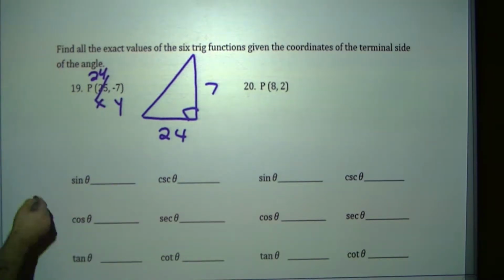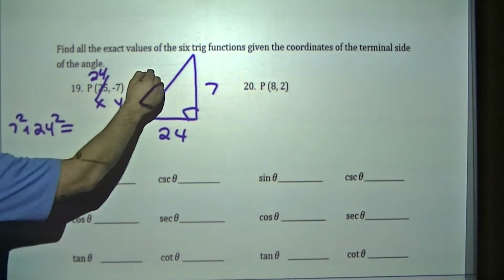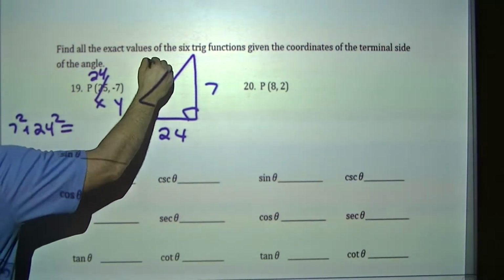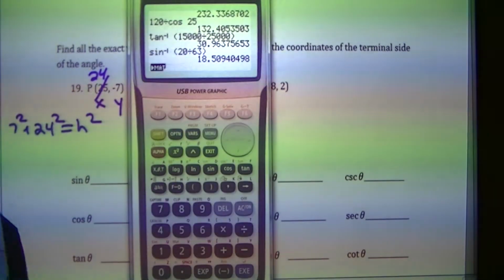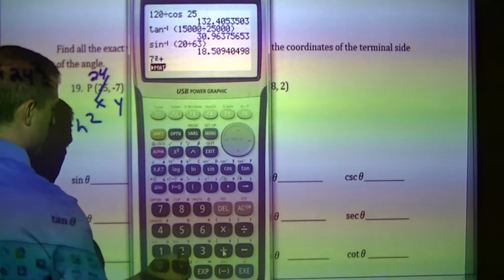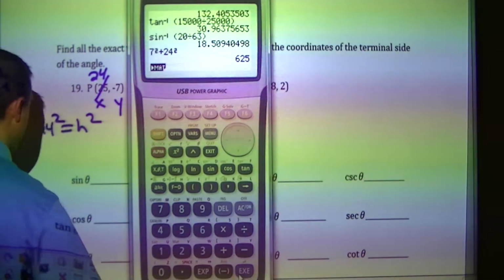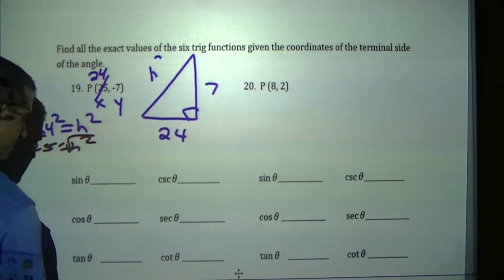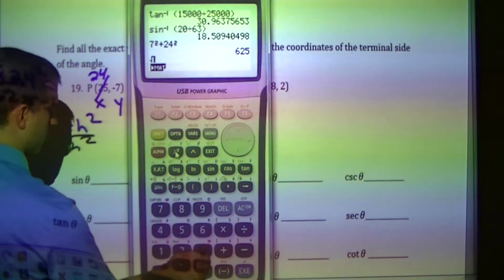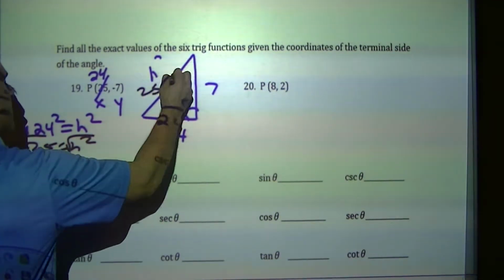What you need to do is use the Pythagorean Theorem to figure out the hypotenuse. Call that h. So I got 7 squared plus 24 squared, and that's going to be 625. Take the square root of 625. It's 25.